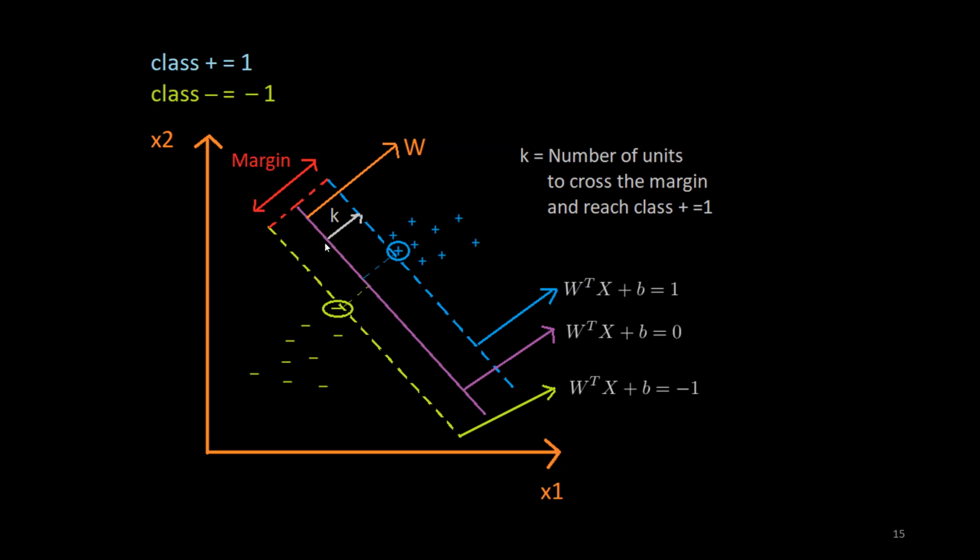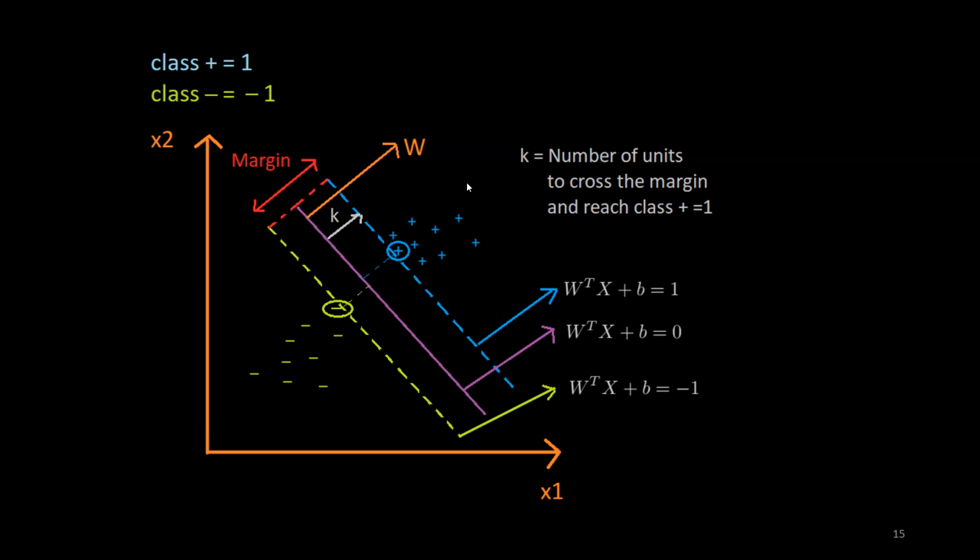This is our boundary, and these are our hyperplanes for the negative and for the positive samples. And these are our support vectors, which we have learned in the previous lecture. So this is our margin and this is our decision boundary. Now any point like XA and XB, if it is on the boundary here and wants to be classified as class 1, it has to travel a distance k.